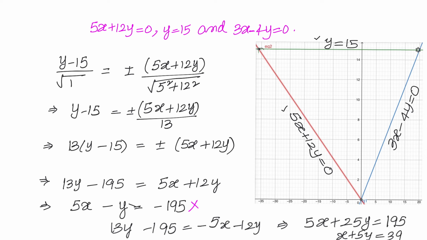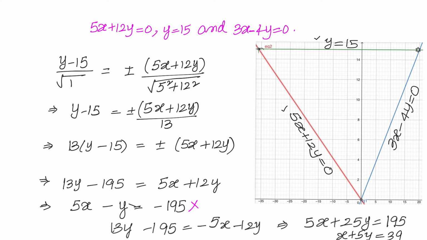Now look at the y-intercept of this. 5y equals 39, y equals 7.8, and that is between 0 and 15. That means the line is going to hit at 7.8, which is the angular bisector we need. So we got one angular bisector.